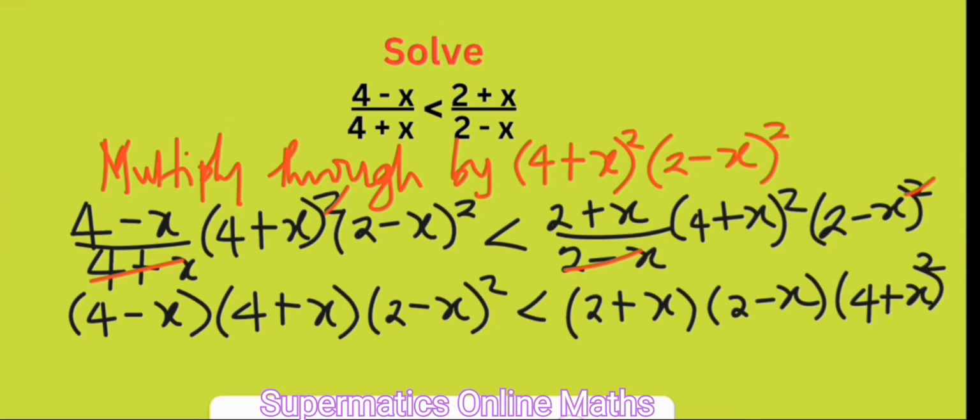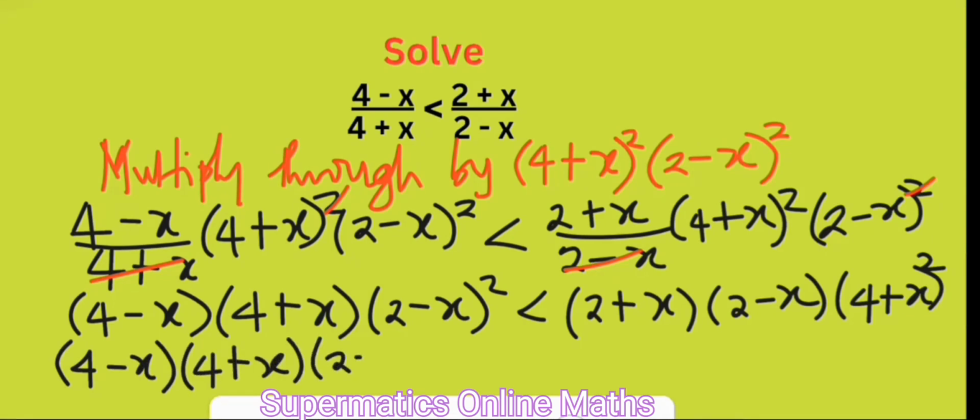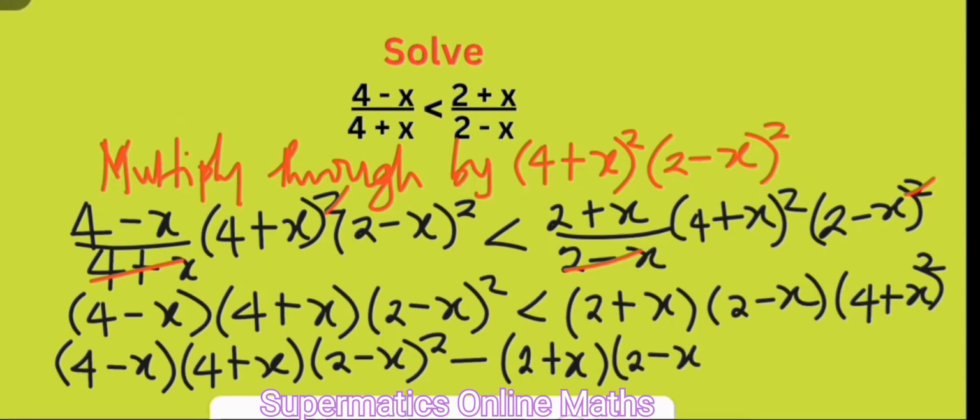Now, at this point, we are going to transfer everything on the right hand side to the left, thus leaving us with (4 - x)(4 + x)(2 - x)², then minus everything on the right, which is (2 + x)(2 - x)(4 + x)², all less than 0.